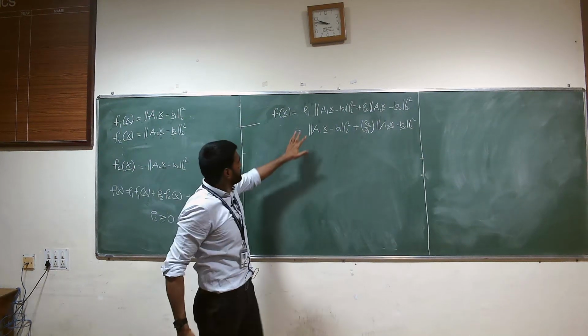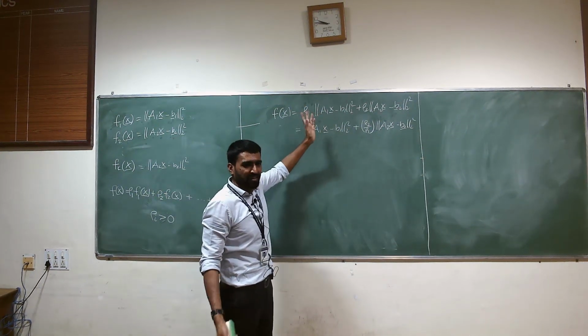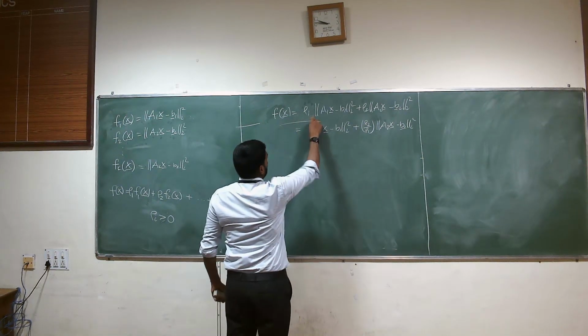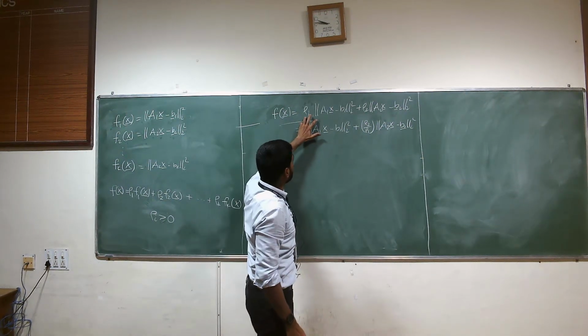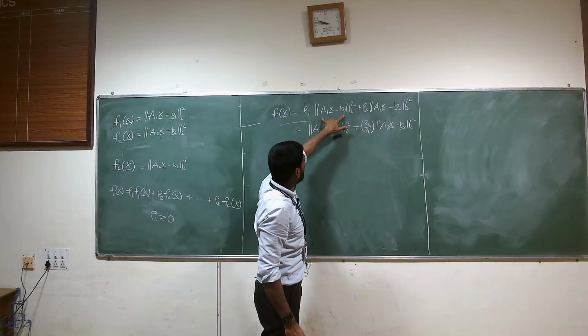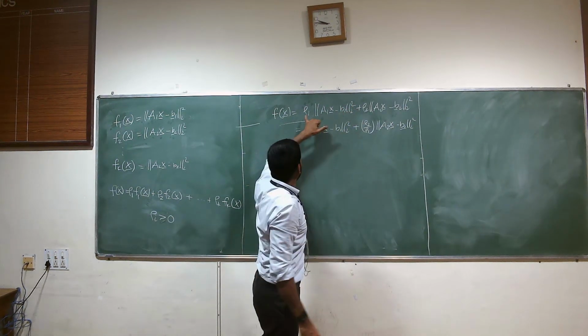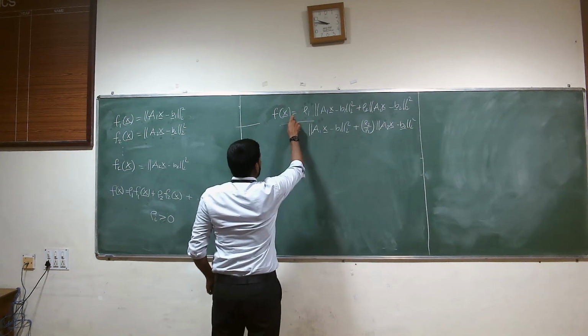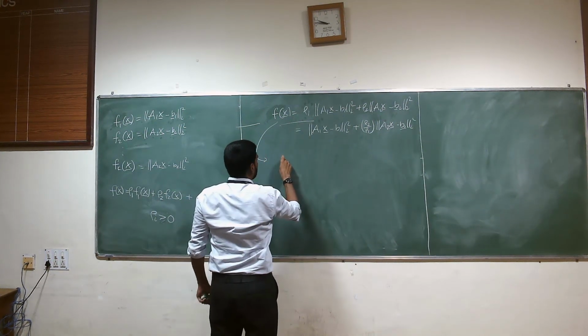It turns out that this can also be made to fit into the Ax equals b model in a slightly different form. This is simply a scalar, but it's squared. If you simply take rho inside, it becomes the square root of rho, so you can rewrite this in this form.